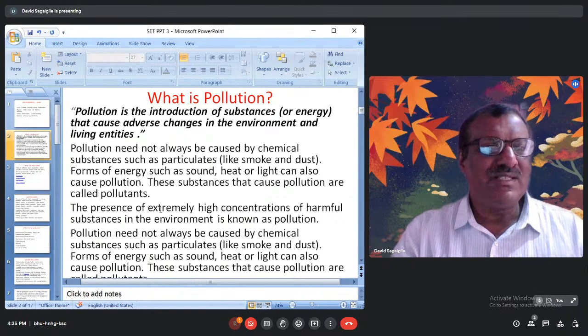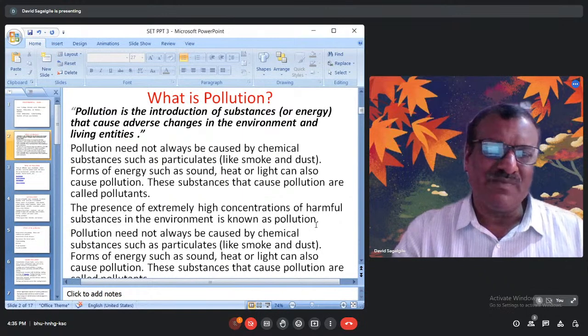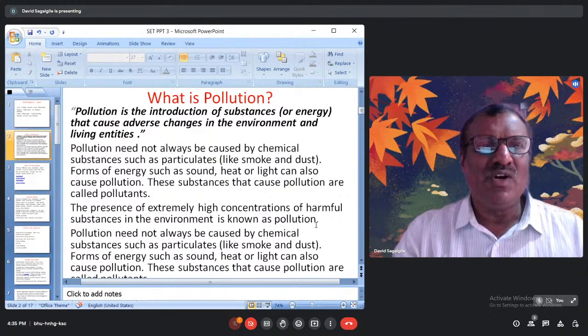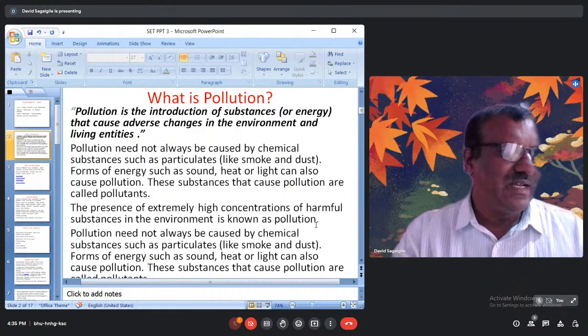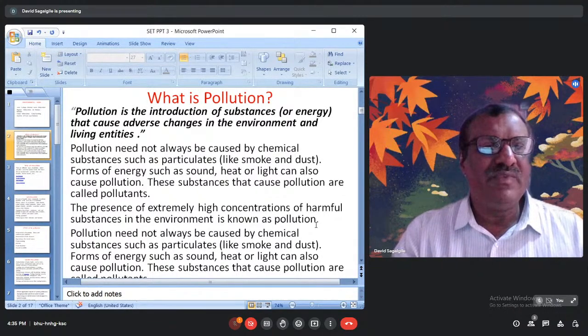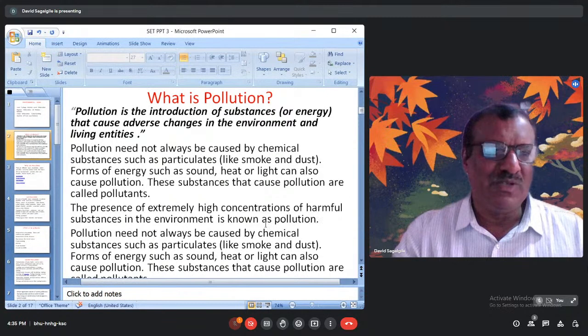Another definition is the presence of extremely high concentrations of harmful substances in the environment is known as pollution. So toxic elements, poisonous elements which are let out into the atmosphere, which have a direct connection to the ecology, to human beings, or to living plants and animals, are described as pollution.